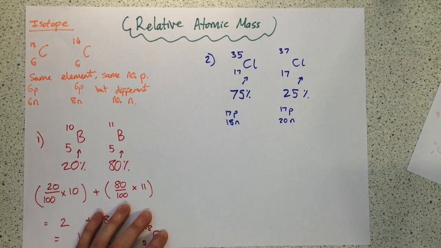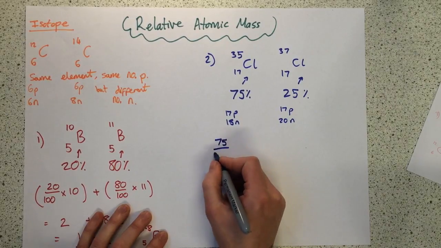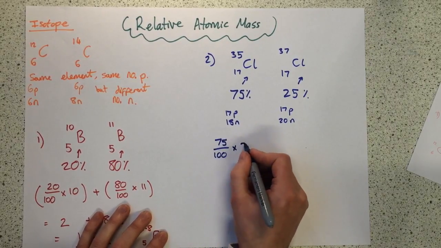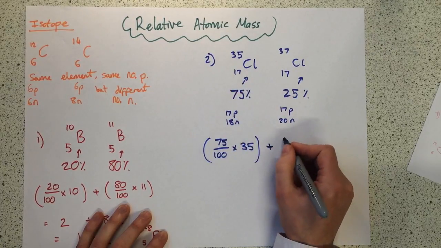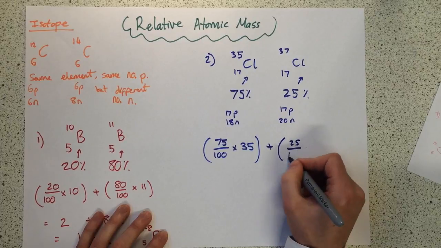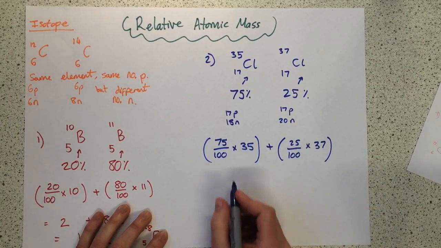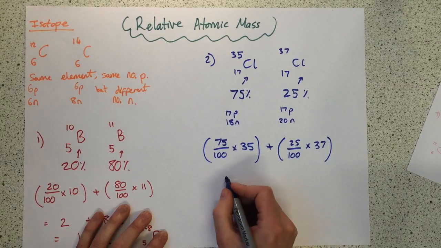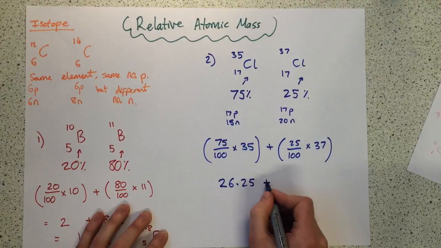So the relative atomic mass is 75 over 100 times 35. That's the first bit. Add 25 over 100 times 37. That there makes 26.25.